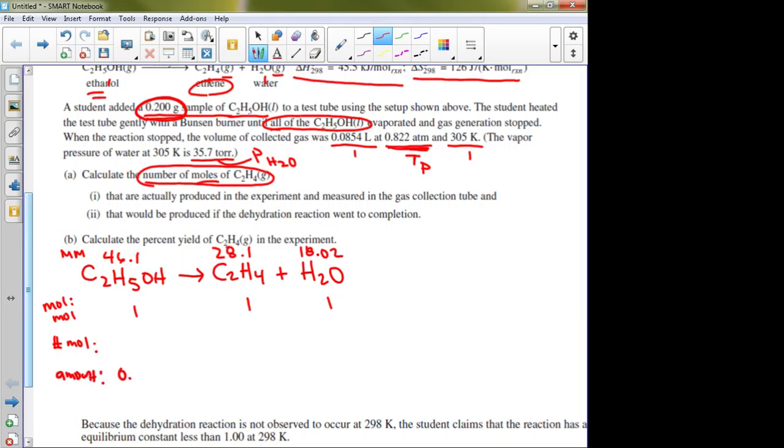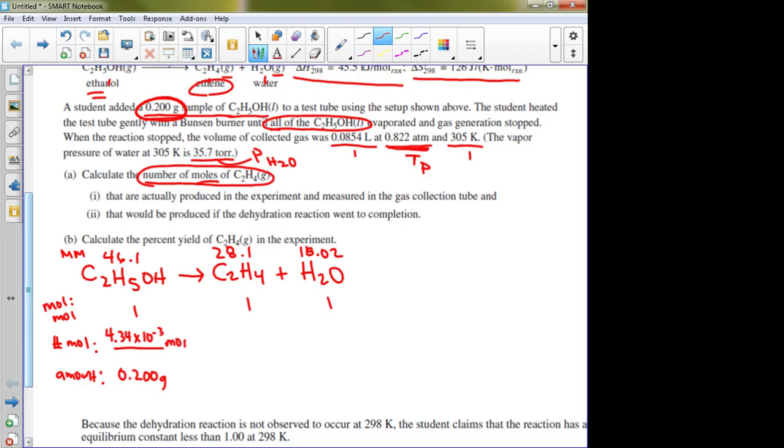They gave me 0.200 grams there, right? So now all I have to do to get to moles is take this and divide it by that. And then that goes right there. The 4.34 times 10 to the negative third. So I know now if the reaction went to completion, the moles of this and the moles of this.